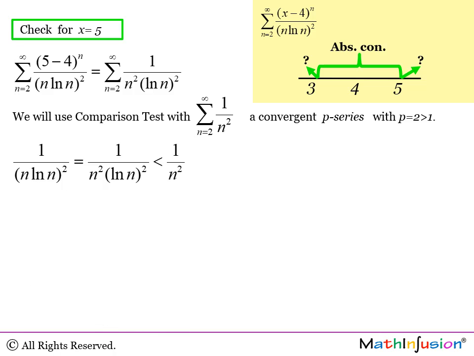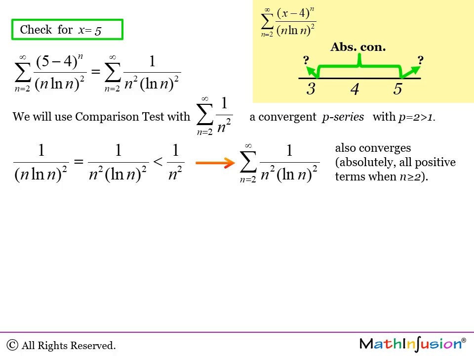This is clearly true because n ln of n to the power of 2 is greater than n to the power of 2, and it is in the denominator. So we get that this also converges.